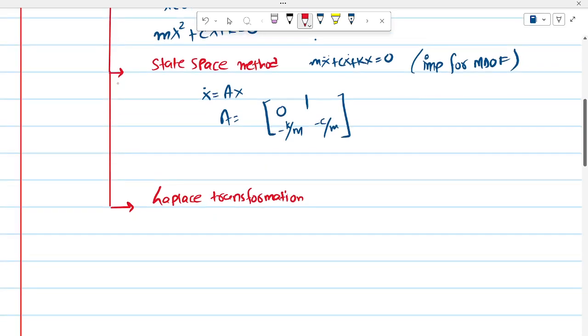Once we have found our equation of motion, it performs a Laplace transformation of that equation of motion.